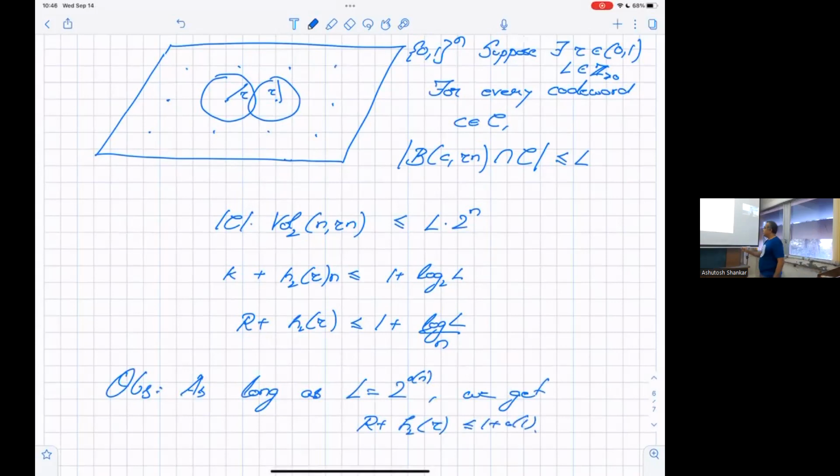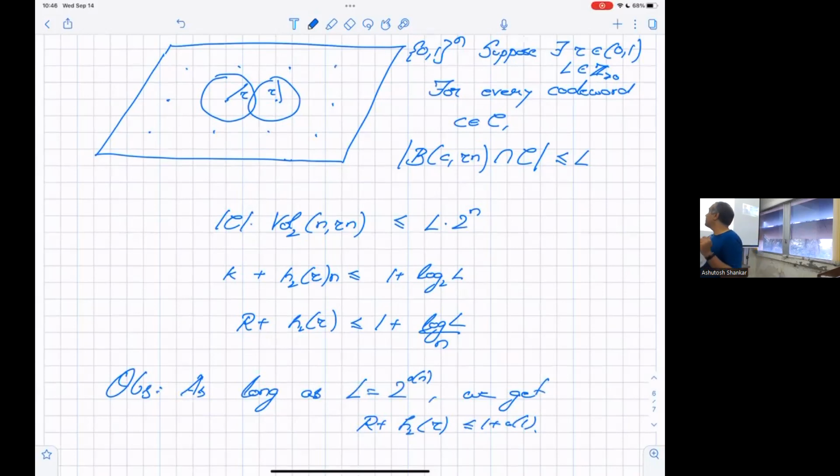So in that sense, instead of having put delta by 2 over here, we are replacing it with possibly a larger tau. The question is whether such a tau exists. Right now, tau and L come as a pair.